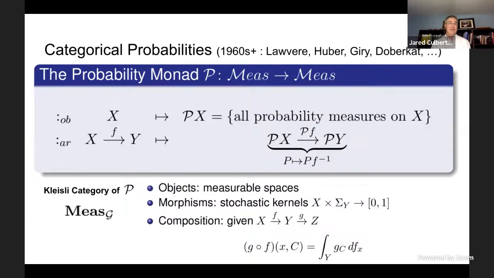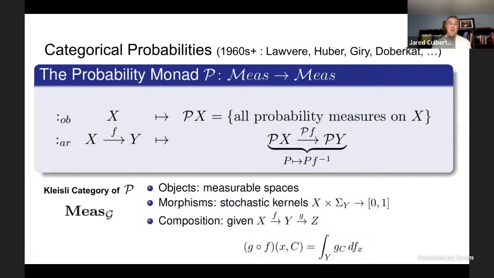The idea is that if you think about taking measurable spaces, you map a measurable space to all the probability measures on that space, and on the morphisms it's pretty simple: you're just taking a probability measure to its pushforward measure. This defines a monad. If you look at the Kleisli category of that monad, it also has a very nice description.